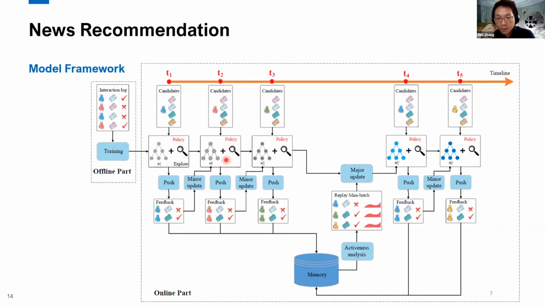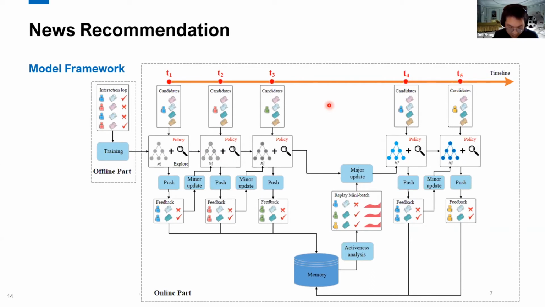At each time step when the recommendation has been carried out, the system would perform a minor update to the DQN policy, and then after a certain period of time, like 1 hour, the DQN would have a major update using all the logs in the memory.